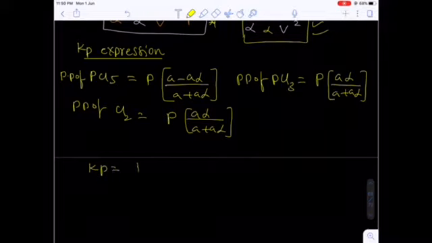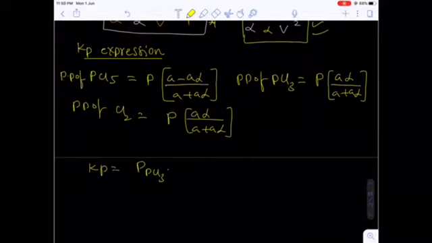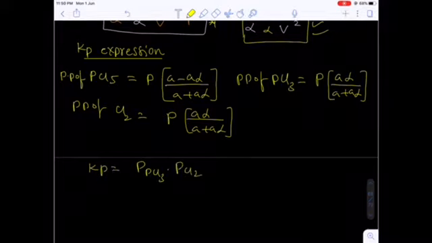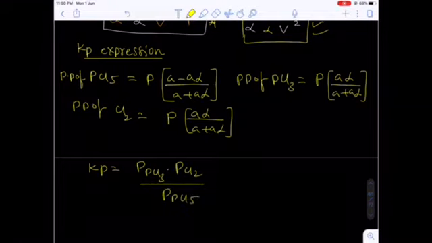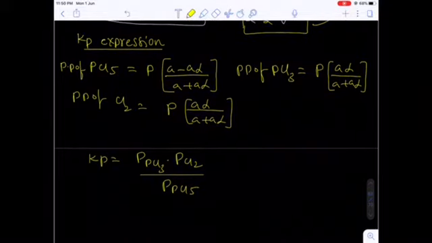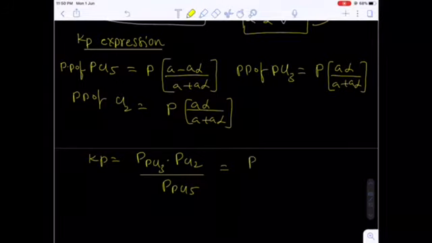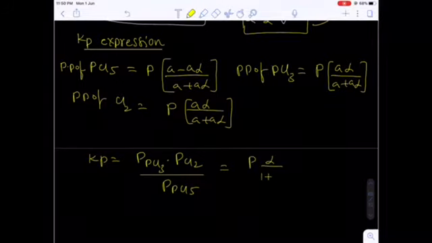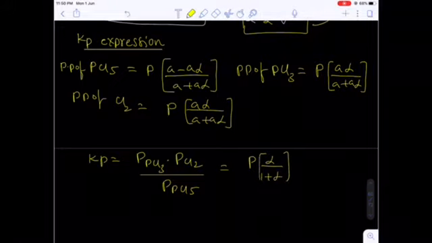After getting the partial pressures, the next expression is Kp. Kp is equal to the partial pressure of PCl3 multiplied by that of Cl2 divided by the partial pressure of PCl5. Now the partial pressure of PCl3 will be, taking the common A, P into alpha by 1 plus alpha.